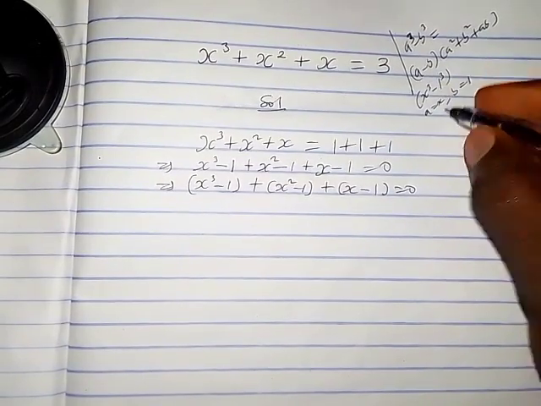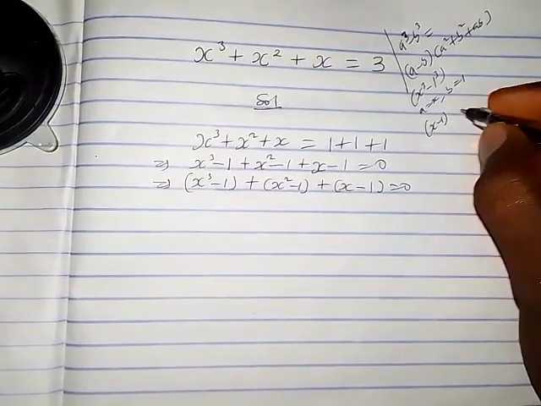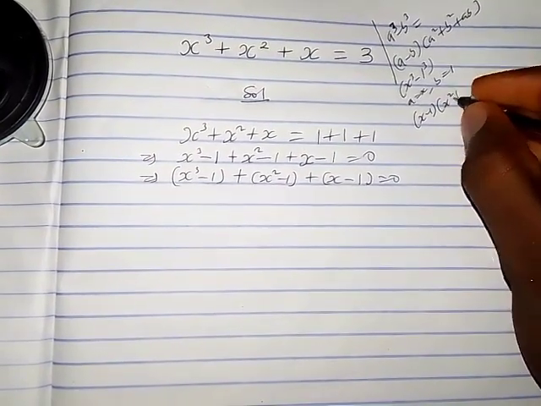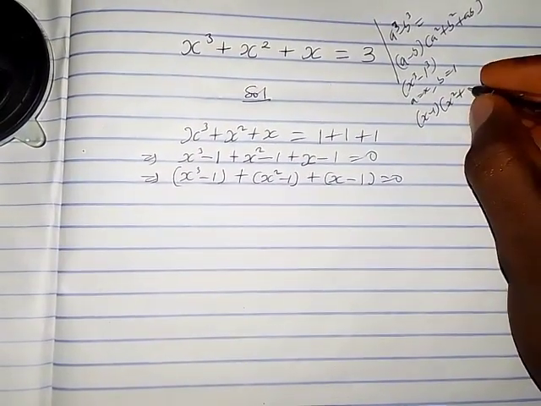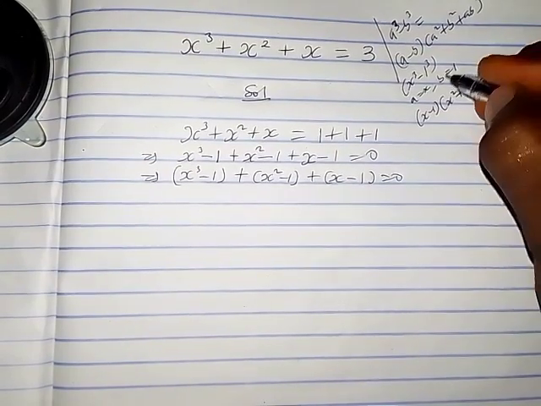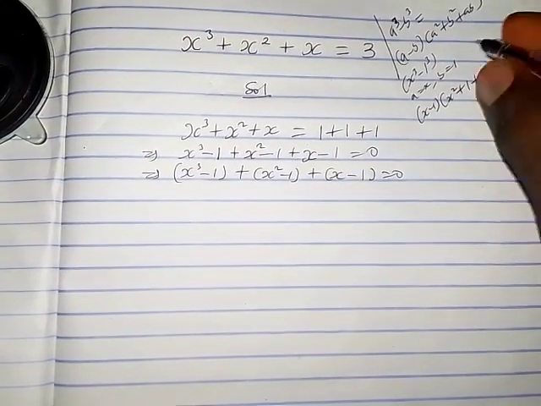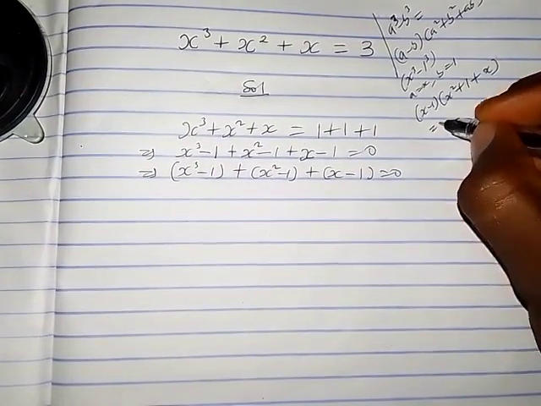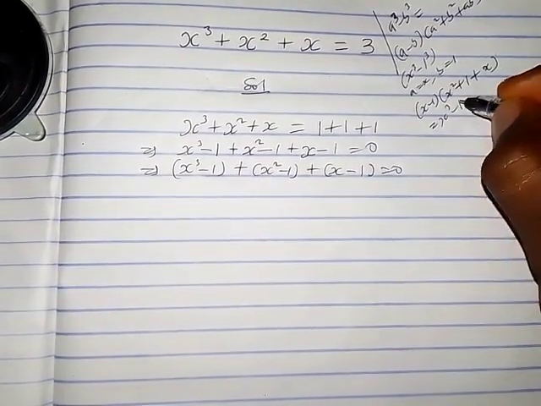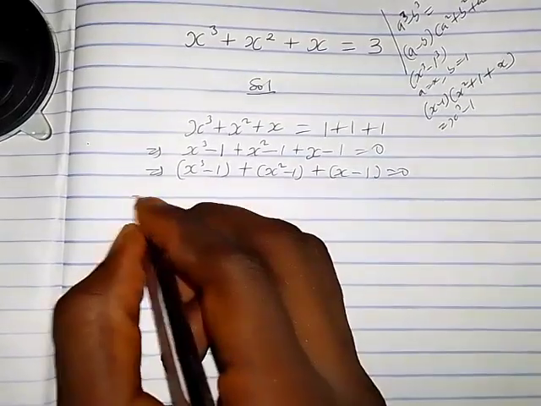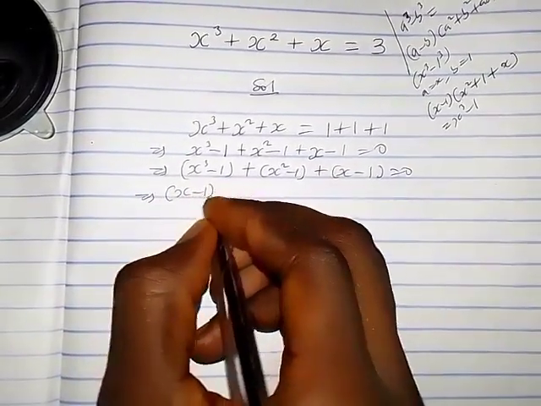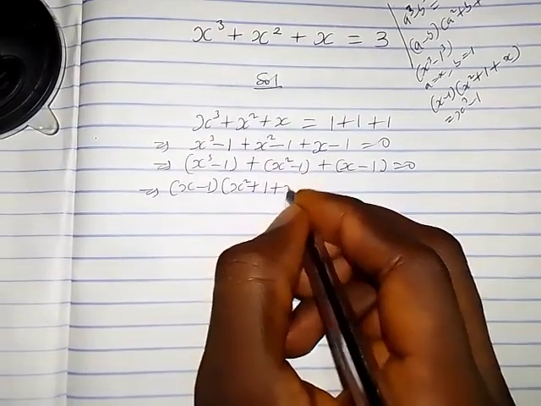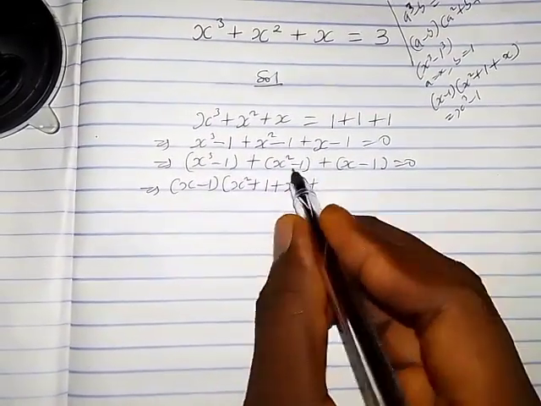When you plug into this expression, we have x minus 1 times the value of a, that's x squared, plus the value of b, which is 1 squared, plus ab, which is x times 1, so we have x. So this value is the same thing as x raised to the power 3 minus 1. So we are going to plug it here. We have x minus 1 times x squared plus 1 plus x, plus this guy.